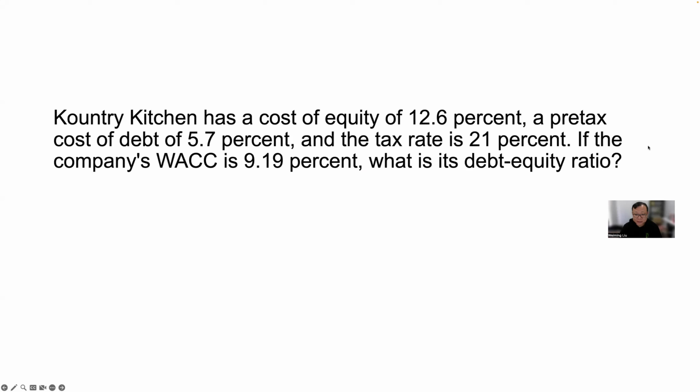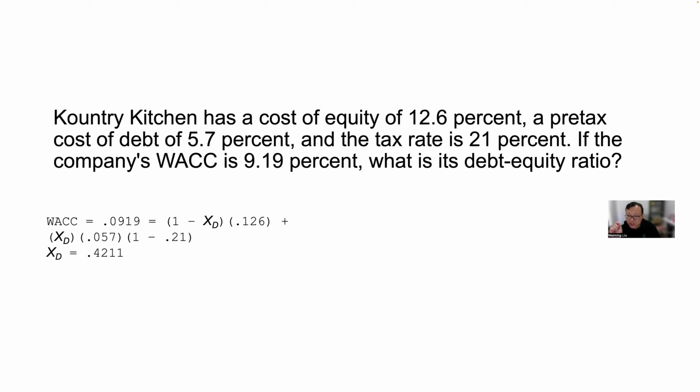So in this case, the weighted average capital cost is given as 9.19%, which is 0.0919. If we assume the weight of the debt is XD, then the weight for equity will be 1 minus XD, because the weight of debt plus the weight of equity should equal 1.